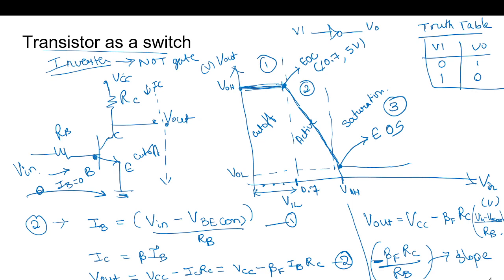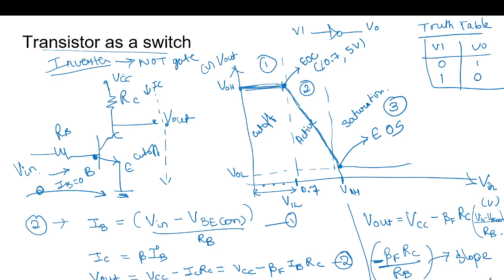So this input can go up to 0.7 with the V out as 5 volt. So this is the coordinate, and this potential we will derive. So we are in the saturation region. So this is our region 3.